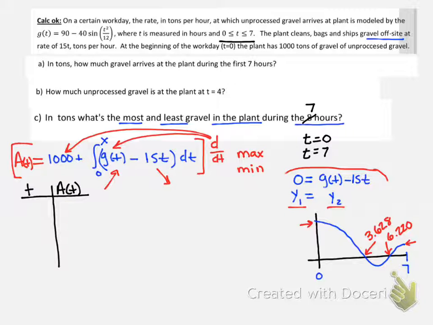One of the best ways to decide where we have an absolute max and an absolute min is to create a little table with our endpoints, 0 and 7 for times, and those two interior critical points that we just found.